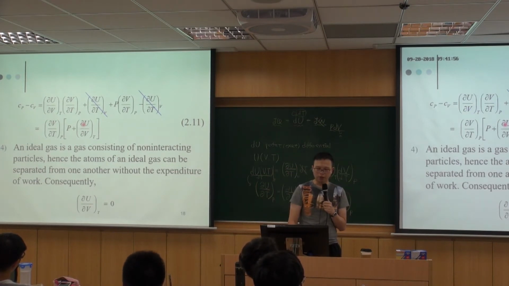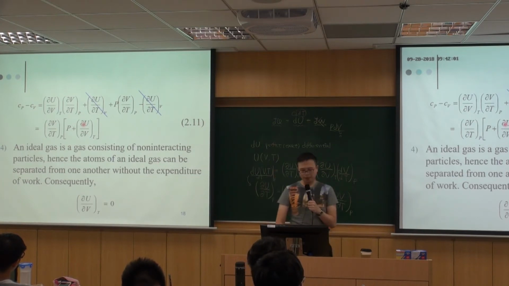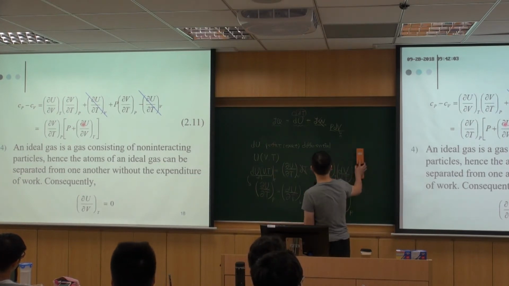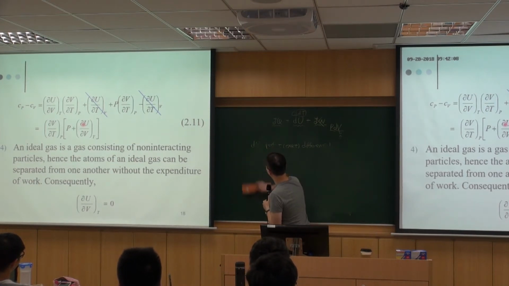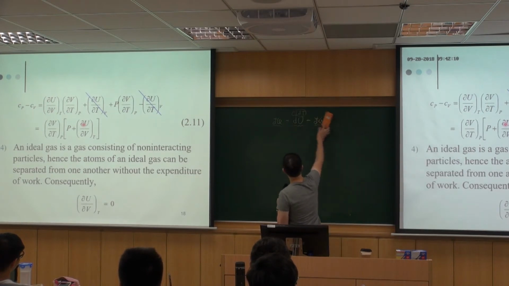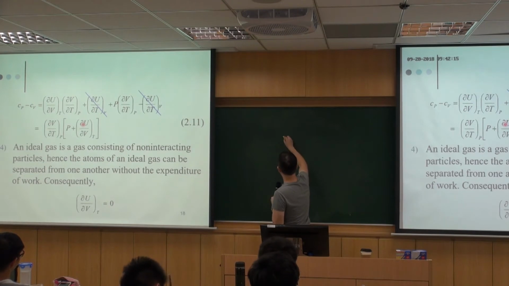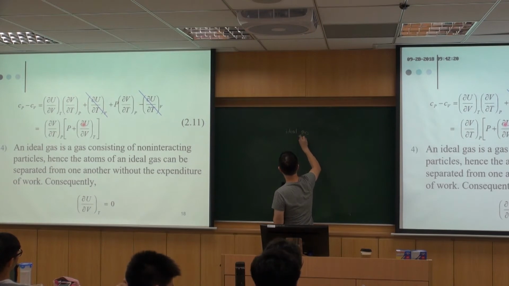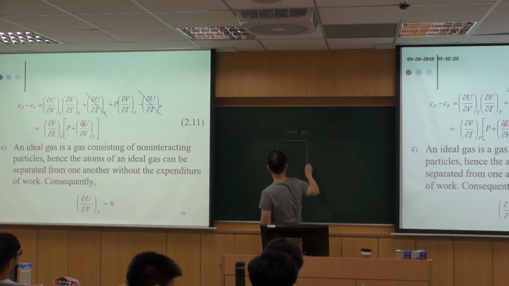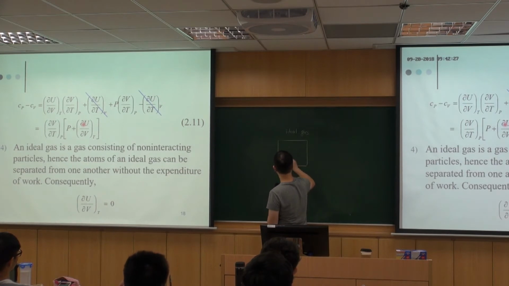Therefore, partial U, partial V at constant temperature will be 0. A pictorial way to explain this is, for an ideal gas, let's say they're in a box and you have several particles moving around.